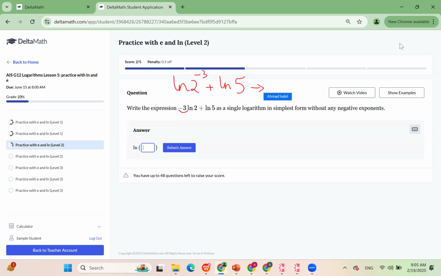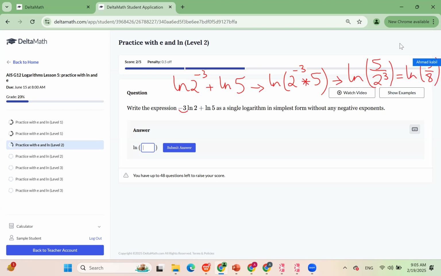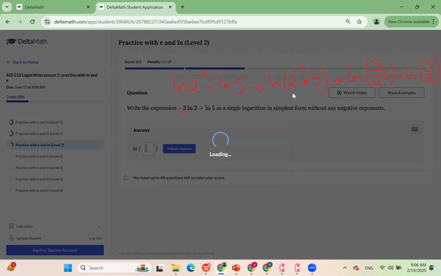So we have ln of 2 power negative 3 multiplied by 5. And this is the same as ln of 5 over 2 power 3, which is the same as ln of 5 over 8. So we have 5 over 8 inside the brackets, and this is our final answer.